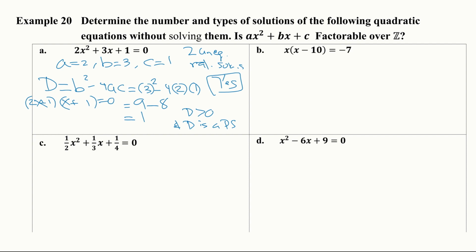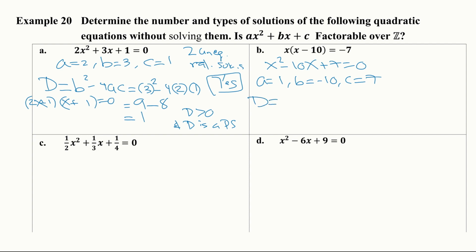For the next one, remember, before you can find the discriminant, you have to put it in the right form, right? So we're going to distribute: x squared minus 10x, move the negative 7 over, so plus 7 equals 0. So now we have a is 1, b is negative 10, and c is 7, right?